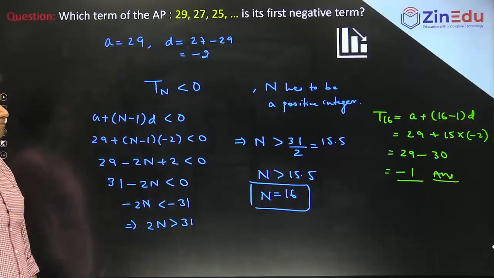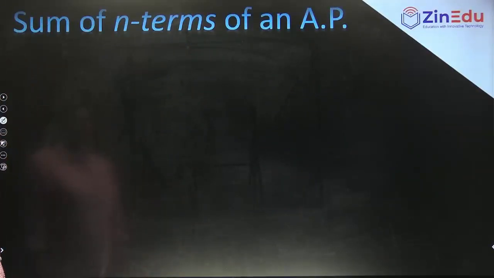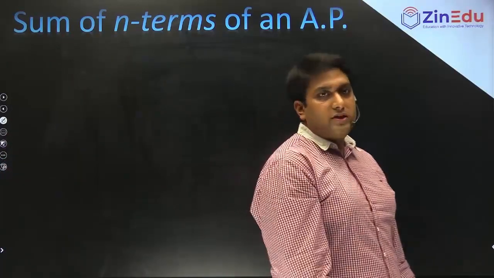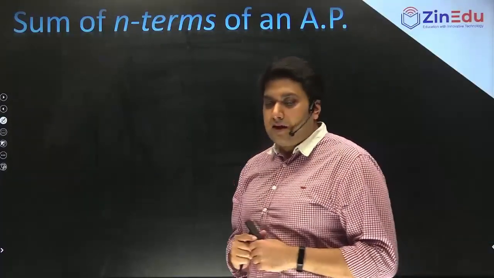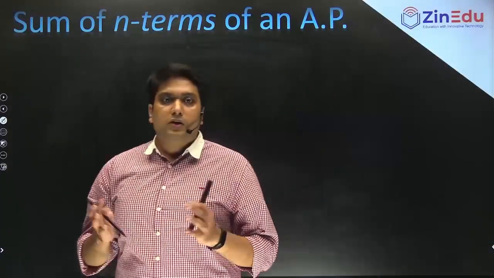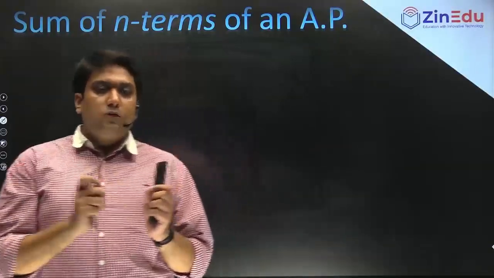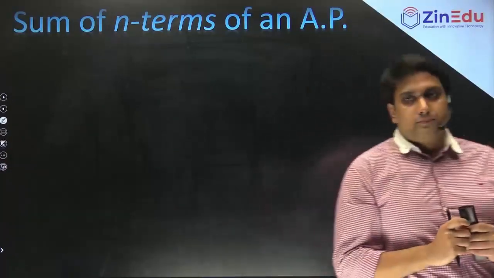So is that clear? Moving ahead, now we need to find the sum of n terms of an AP. Supposing we have an AP which is finite, having a finite number of terms, we need to find the sum of those terms.